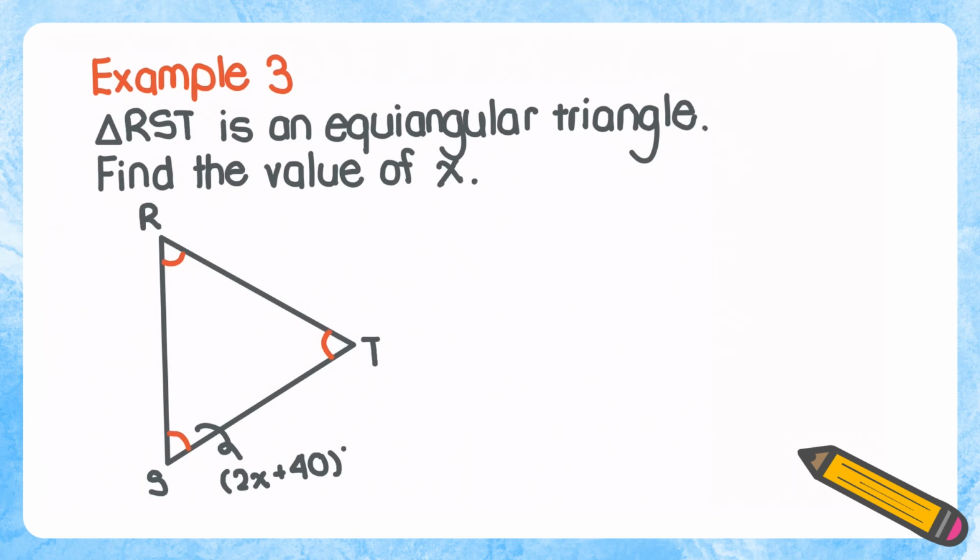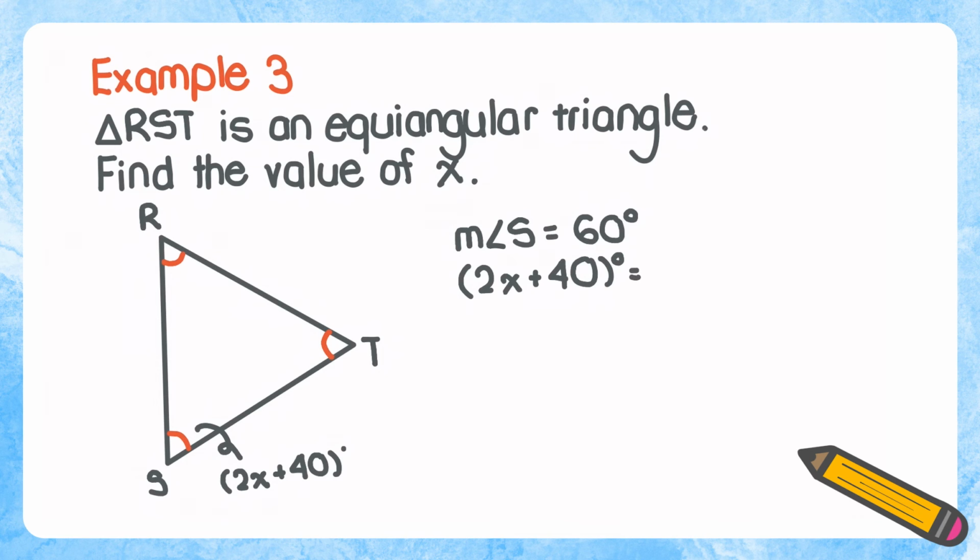Let's look at one last example. Triangle RST is an equiangular triangle, which means that each angle measures 60 degrees. Go ahead and try this example on your own, and then press play when you're ready to compare answers. So we know that the measure of angle S equals 60 degrees. The measure of angle S is 2x plus 40 degrees.